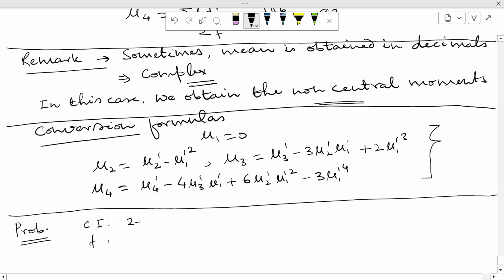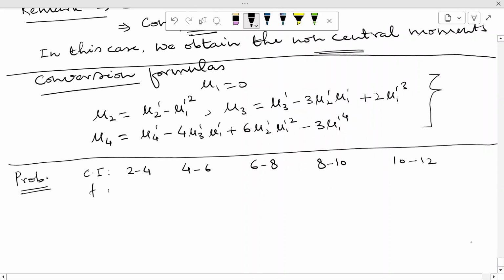Our first class is 2 to 4, next is 4 to 6, next we are having 6 to 8, next we have 8 to 10, then lastly we are having 10 to 12, and we are given the frequencies also, which are 4, 2, 7, 6 and 1, and we have to again calculate the central moments.